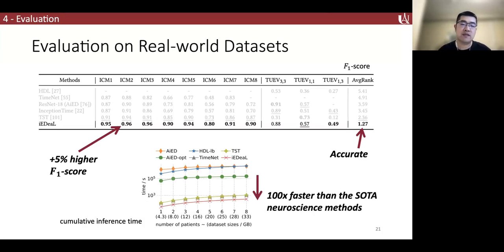Further, we evaluate the inference time of the IDEAL framework. You can see that, benefiting from inferencing on the raw series, our method is 100 times faster than the existing neuroscience method based on spectrograms.